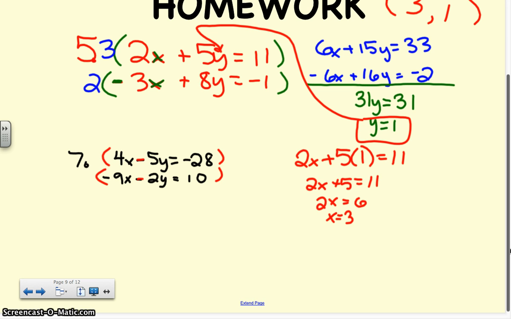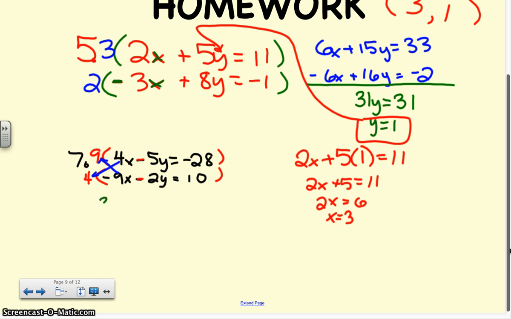4 and 9 share a multiple of 36. So I could just multiply the top one by 9, and the bottom one by 4. And you're always going to notice that you can do that. If you choose to get rid of the x, you can always just put the coefficient opposite of the equation it is.